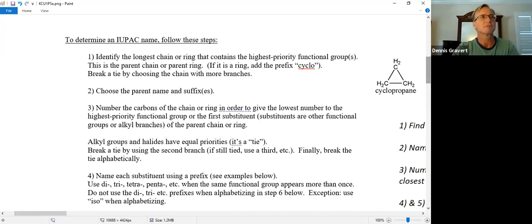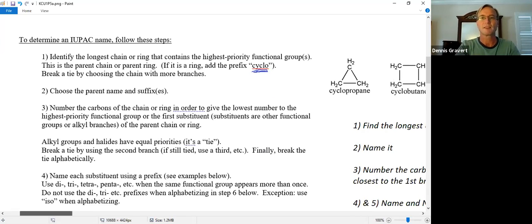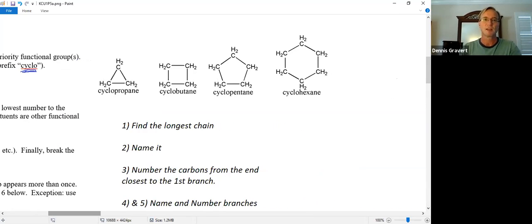We saw that in the previous video. And right here, we're just going to add the prefix cyclo to say the parent is now wrapped up in a ring. So over here to the right, we have 4 examples. 3 carbons is propane.